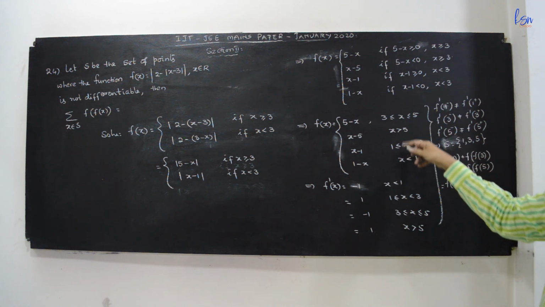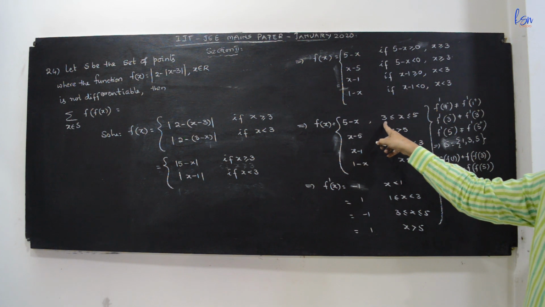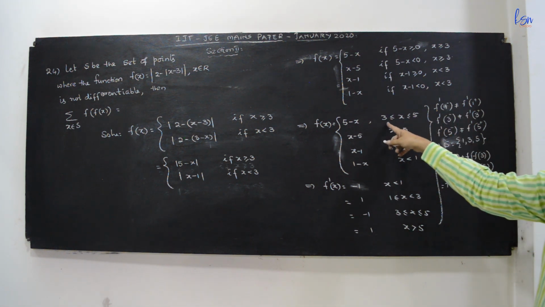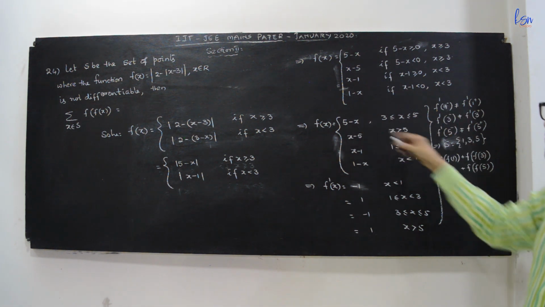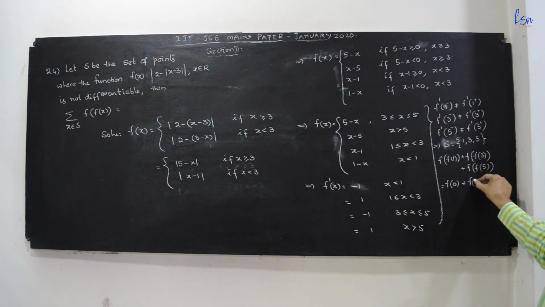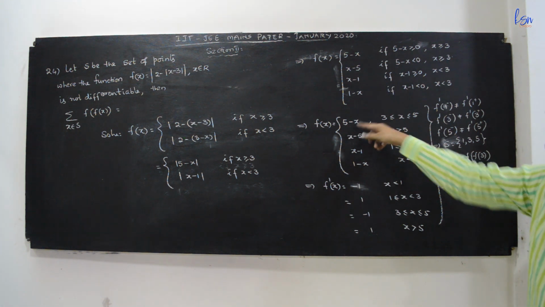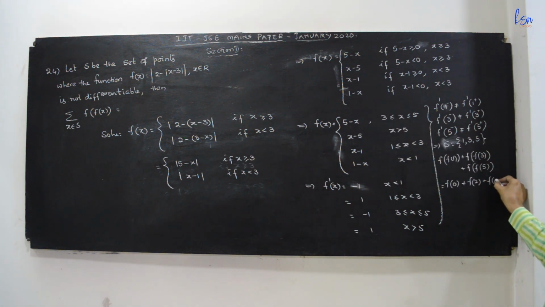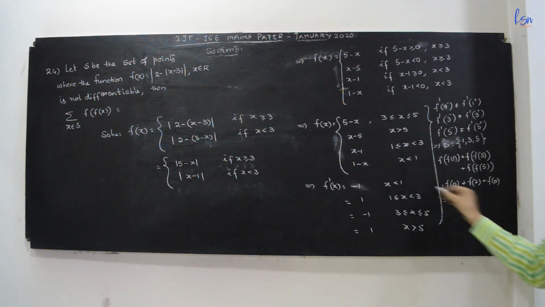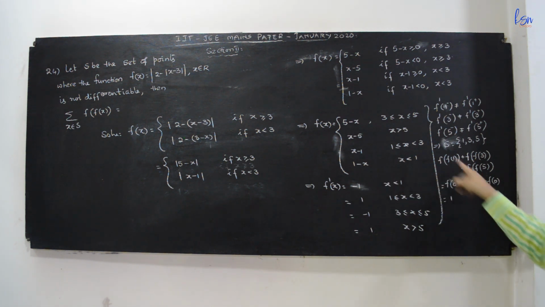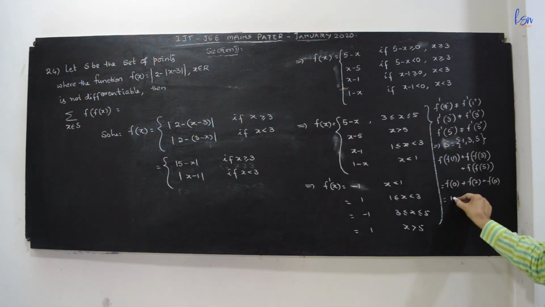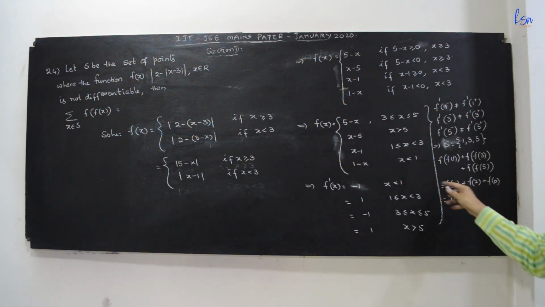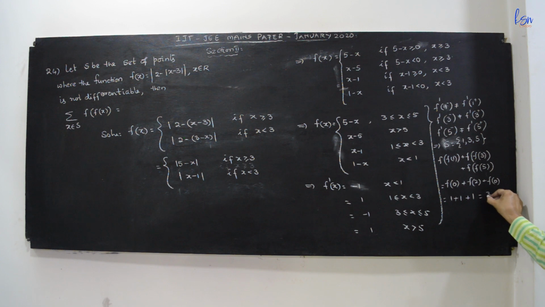F of 3 is 5 minus 3, so this is f of 2 plus f of 5. F of 5 means again f of 0. F of 0 means less than 1, so this is 1. F of 2, in this interval, is 2 minus 1, that is 1, plus f of 0, once again 1. The resultant is 3.